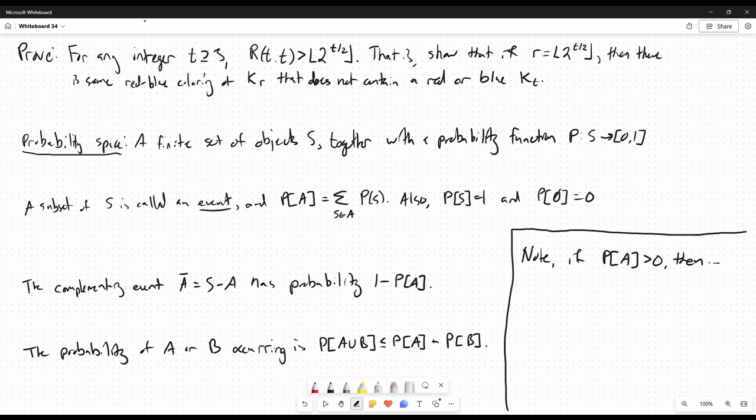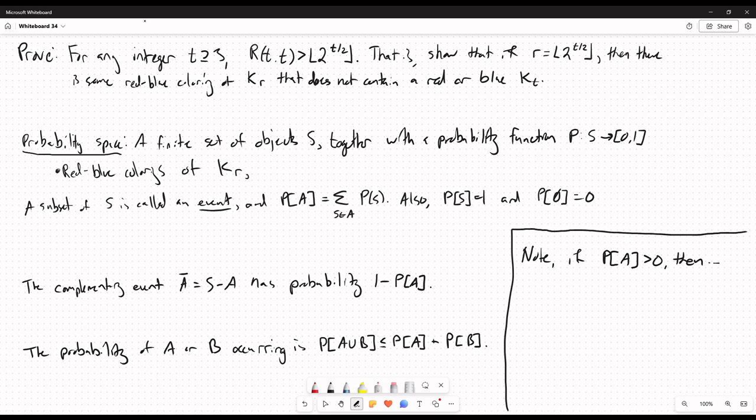The finite set of objects we're going to look at are red-blue colorings of K_r. So we're going to have a whole bunch of red-blue colorings of K_r, and they're going to have equal probability.